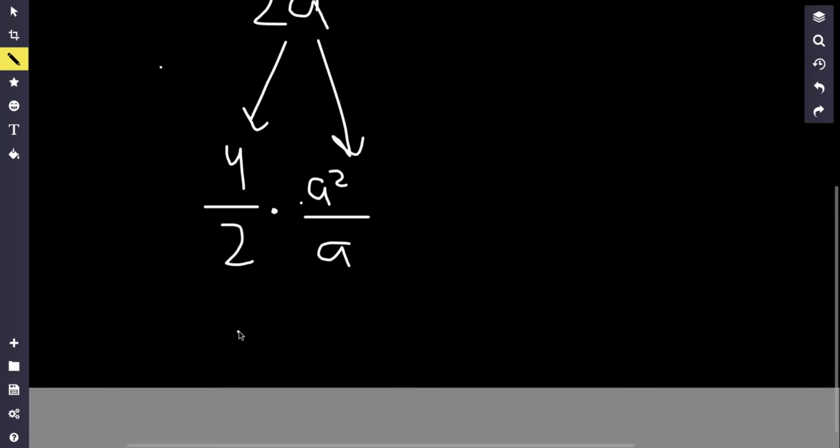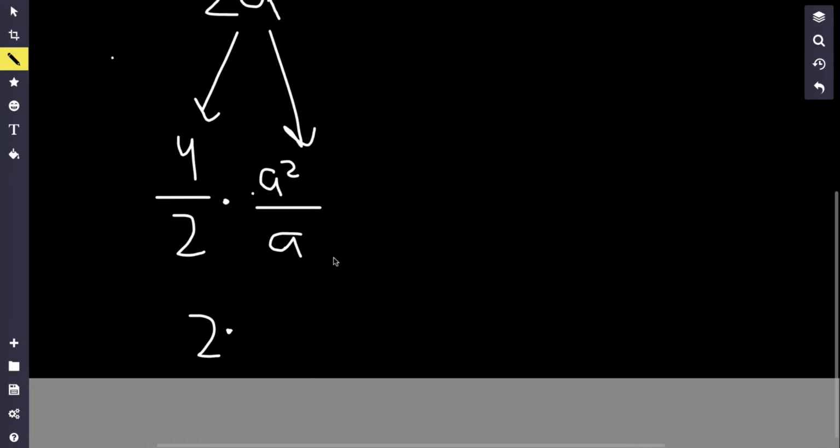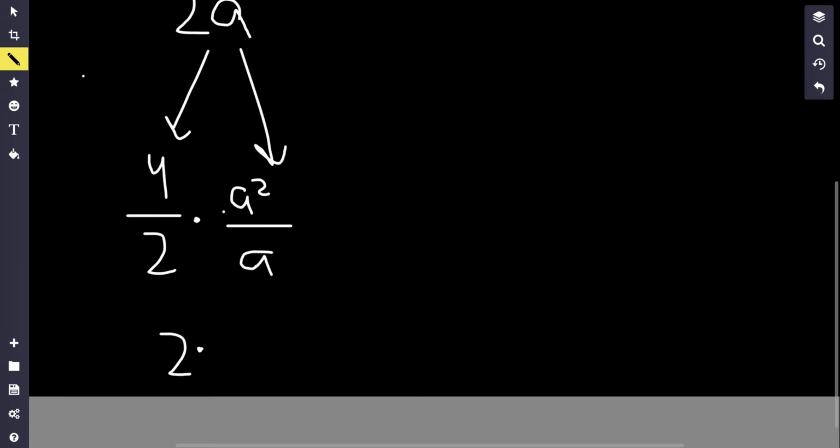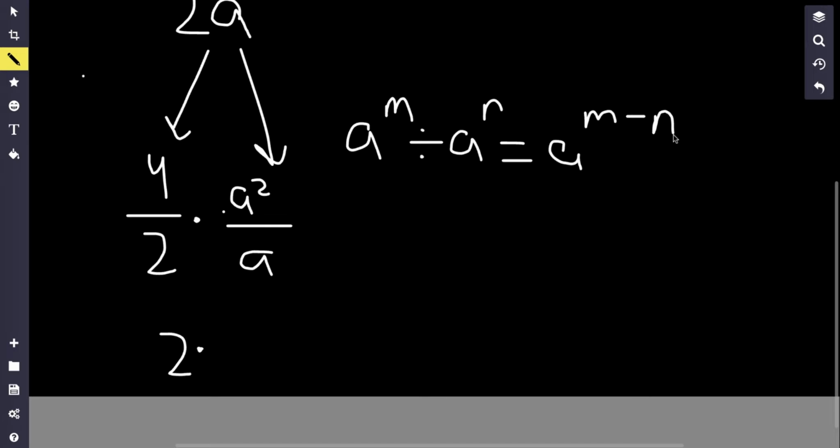Now this is actually pretty simple. 4 over 2 is equal to 2. And this is going to be multiplied by a squared divided by a. From exponent properties, you might remember the quotient rule, which tells us that if you have a to the m power and you divide this by a to the n power, this is going to be equal to a to the m minus n power.